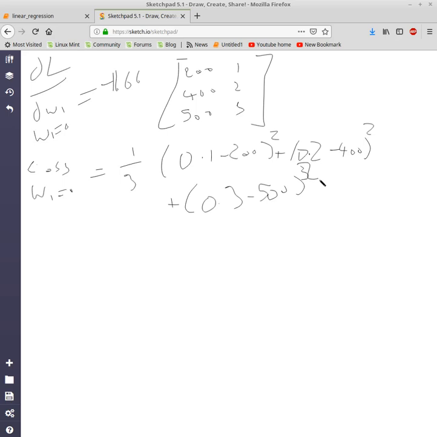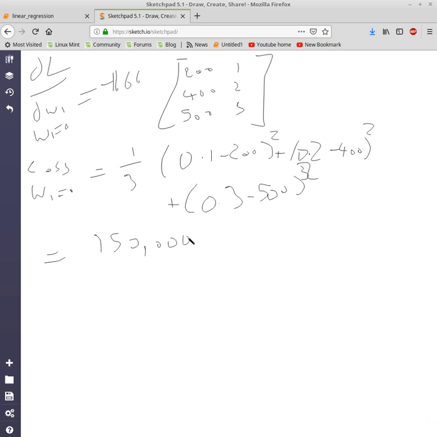So I actually don't know what this number is. Instead of calculating it by hand, we'll just say it's something like 150,000 or something like that.